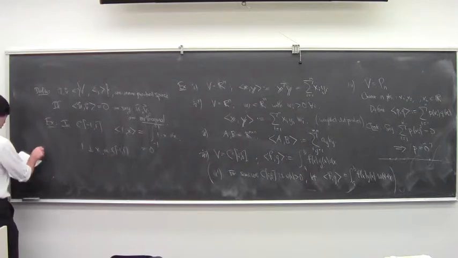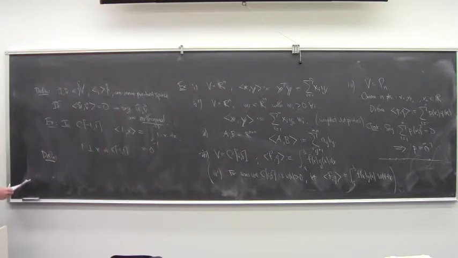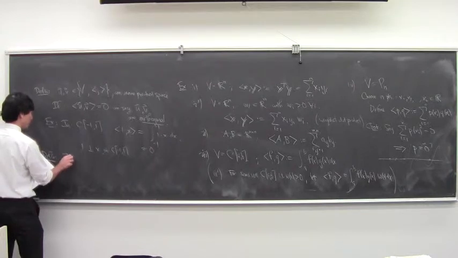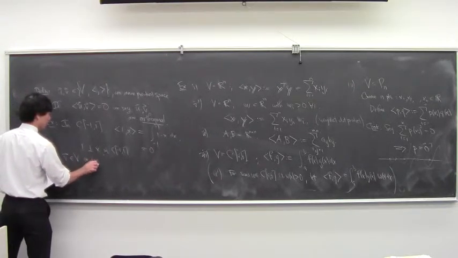Another definition: if you have inner products, then you can define the notion of magnitude or norm. So v in V, an inner product space again.